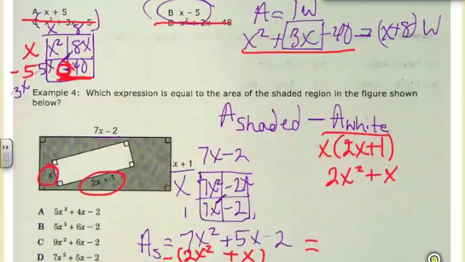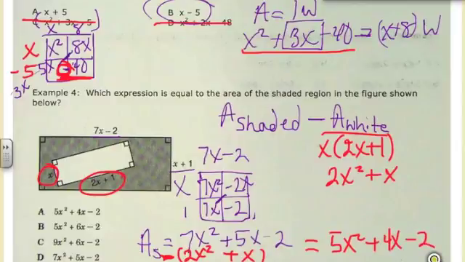If I take 7x squared minus 2x squared, that gives me 5x squared, and then if I take 5x and subtract x, that gives me 4x, and my minus 2 stayed on.